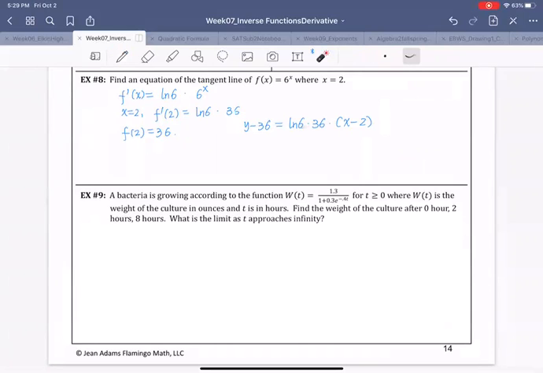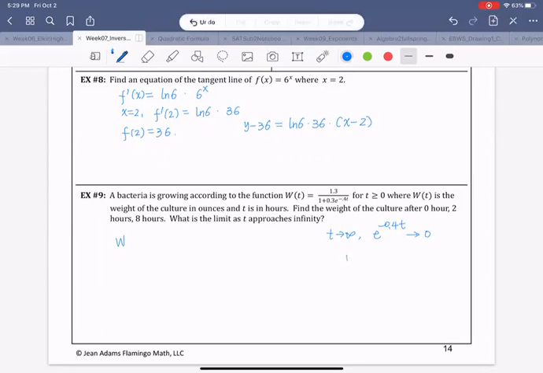And next question is just plug in. After 0 hour, 2 hour, 8 hour, they ask you W(t) equals how much? What is the limit as t approaches infinity? You can tell when t goes to infinity, e to the power of negative 0.4t is going to 0, because it's going towards negative infinity up there.